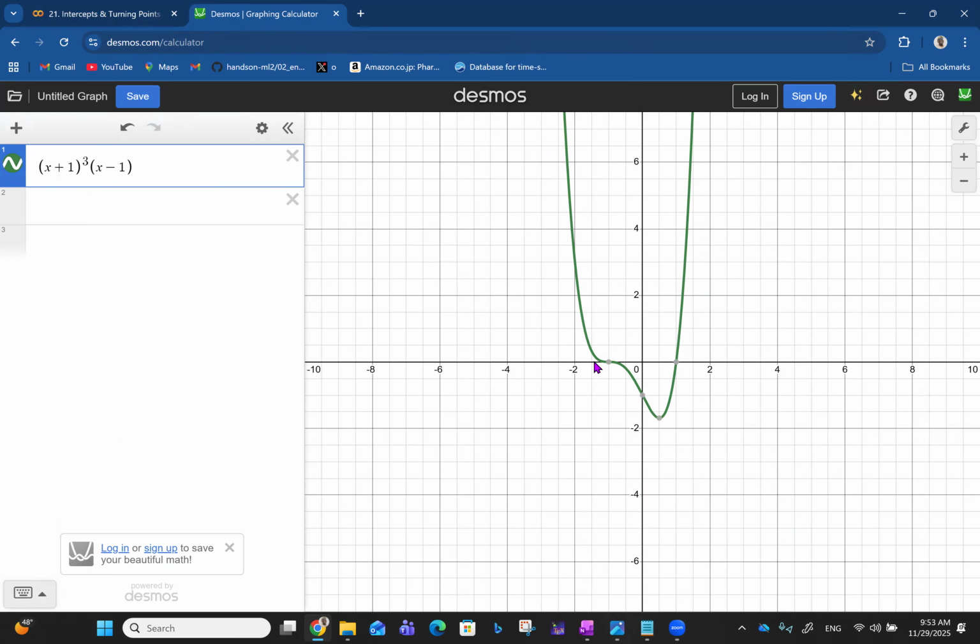You see this one behaving in a sluggish way, whereas this one is still sharp. If you solve this, x is equal to -1 three times, and x is equal to 1 one time. Because x is -1 three times, you have this slowing down happening. And then when x is equal to 1 once, it just crosses once as it is.